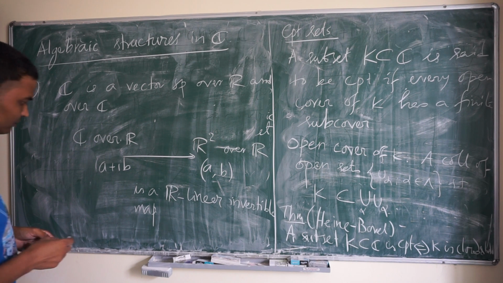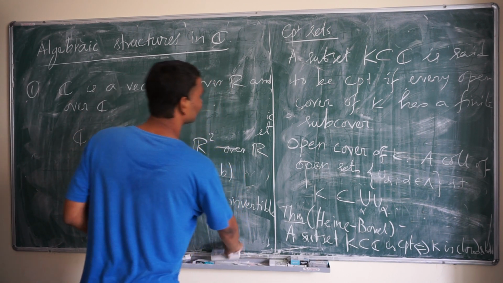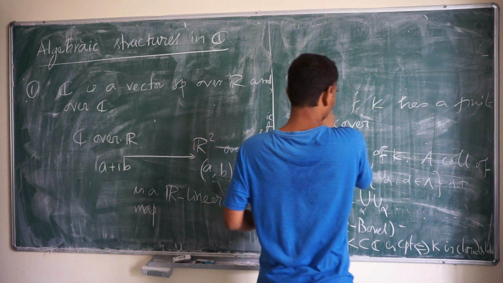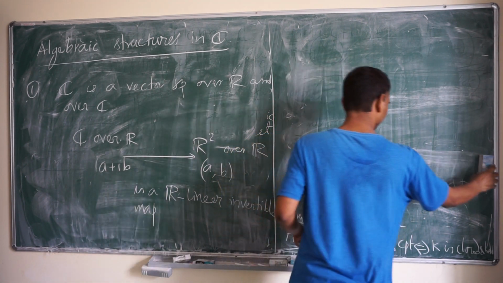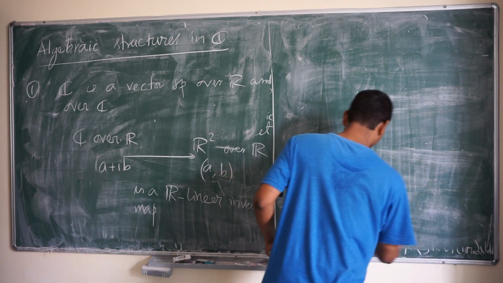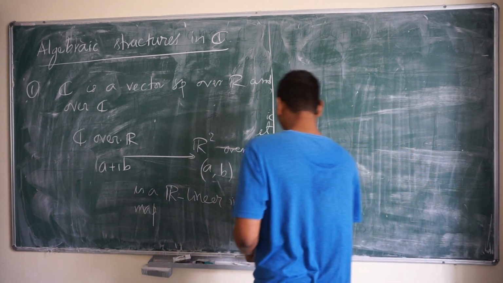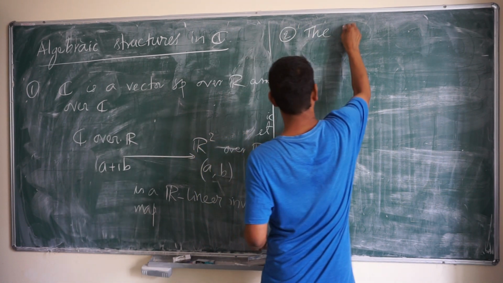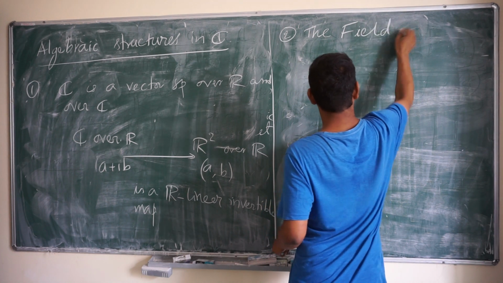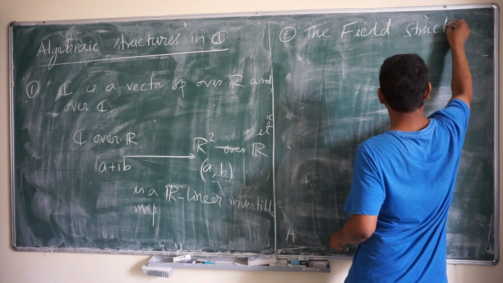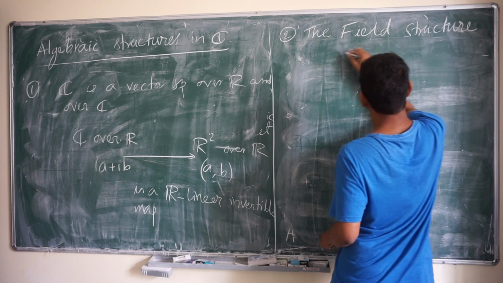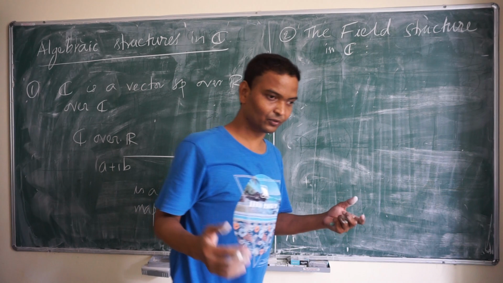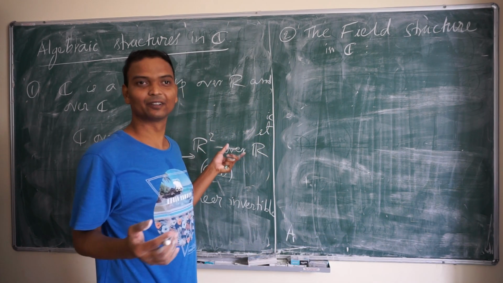Now the next one, which is also very important: the field structure. R2 is not a field.